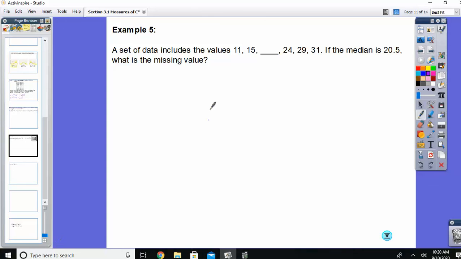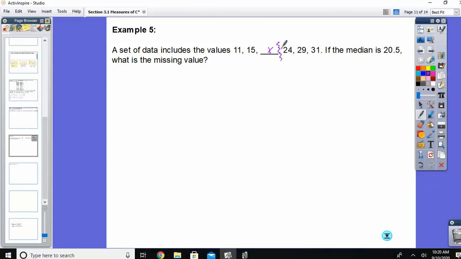So let's pretend that missing value is x for a minute. We know if we have to find the median, we have to put them in order, small to large. Is this in order small to large right now? Okay. So there are 6 points. How would I find the middle then? The middle would be right here in between 3 and 4, right?